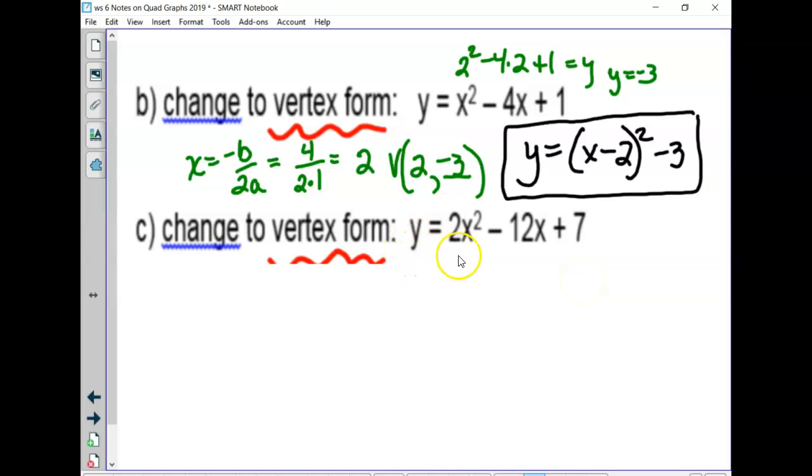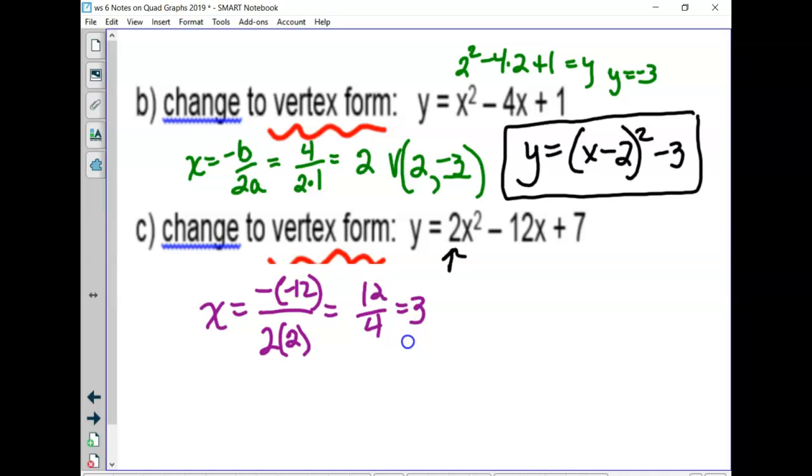Now, completing the square was not our friend when we had this guy, right? So we're going to use this new formula I have taught you. X equals opposite of b. What's the opposite of negative 12? Over 2 times a. So we would get 12 over 4, which would be 3. So the vertex of this parabola is 3 something.